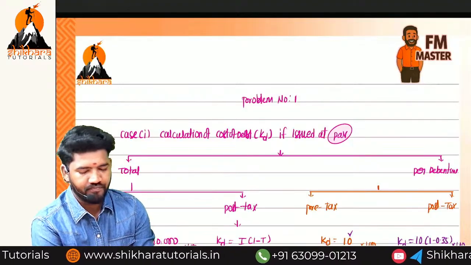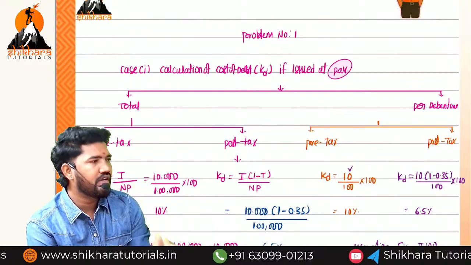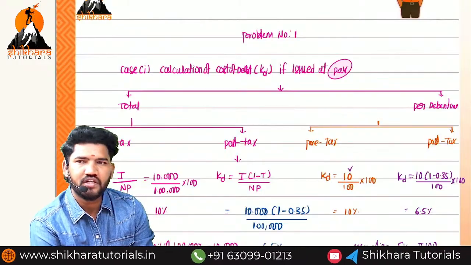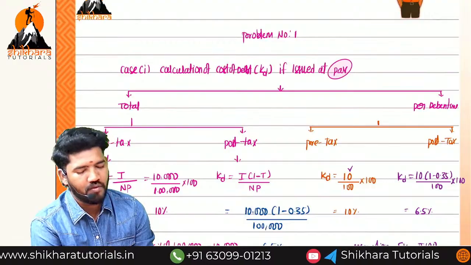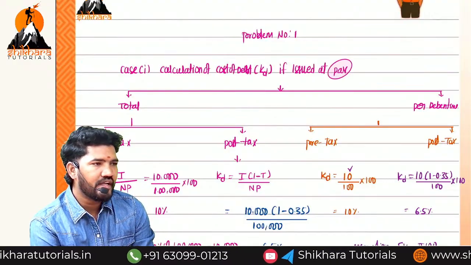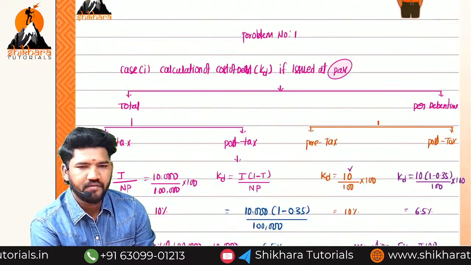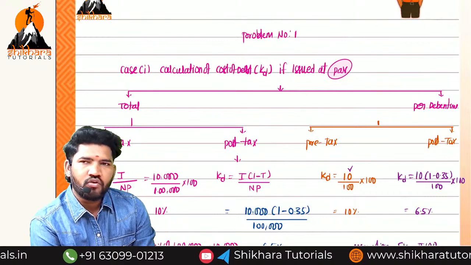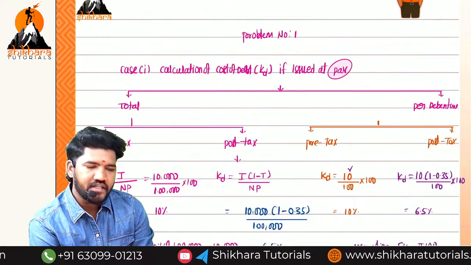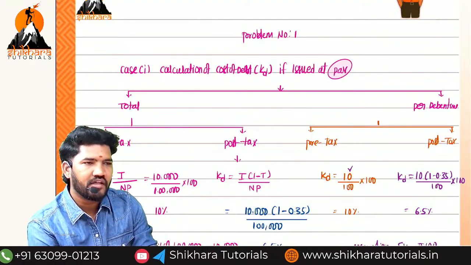Now from the KD point of view, you have to learn two definitions: redeemable debenture and irredeemable debenture. What about the irredeemable debenture? The debenture holder will receive only interest for a perpetual life. What about the redeemable debenture? The debenture holder will receive interest for n number of years, and at the end of the nth year, he will also receive the capital.